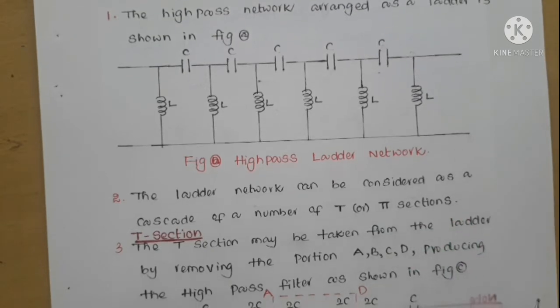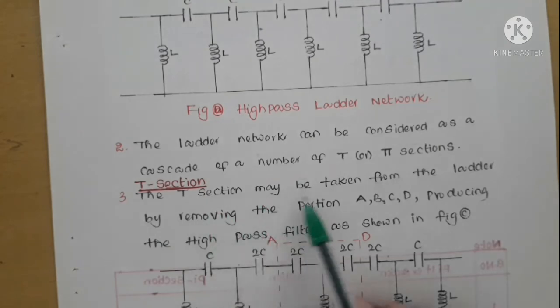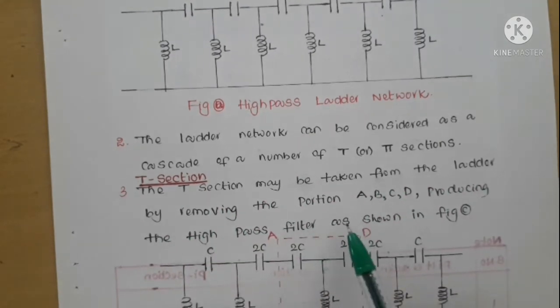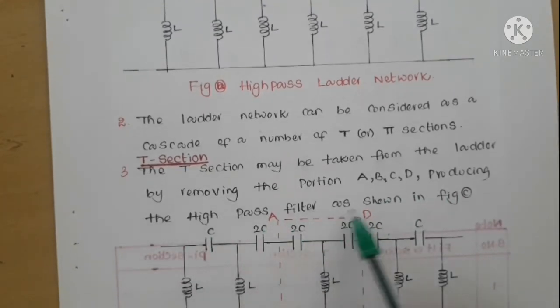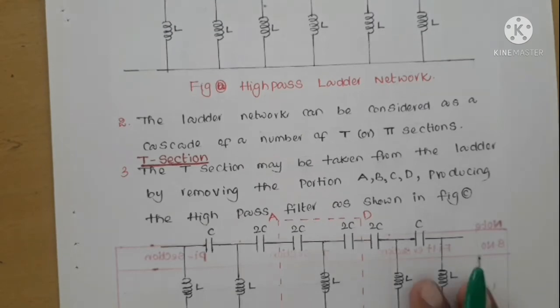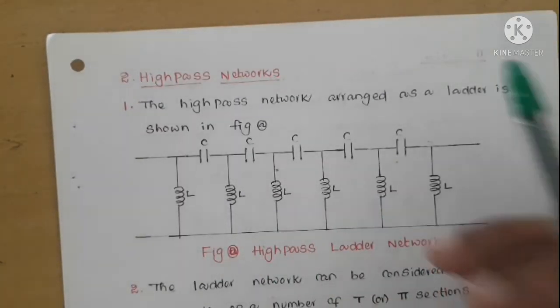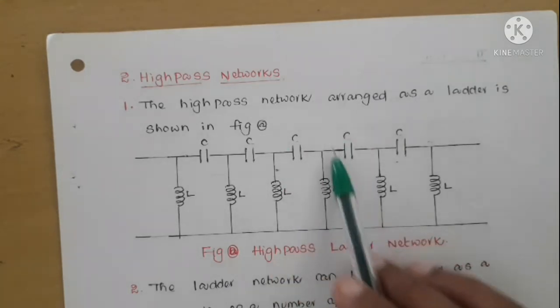First let us look into the T section. The T section may be taken from the ladder by removing the portion A, B, C, D, producing the high pass filter as shown in figure C. Out of this high pass ladder network we have to take one T section. T section means we have to split these capacitors.